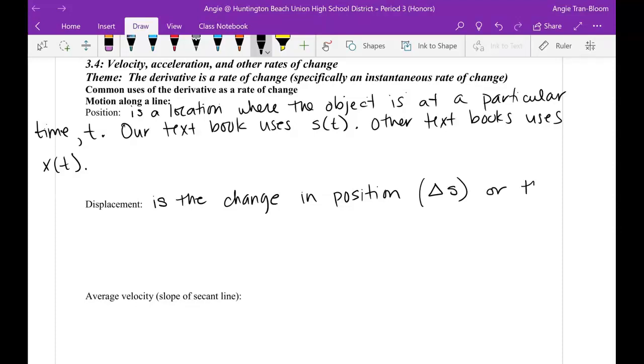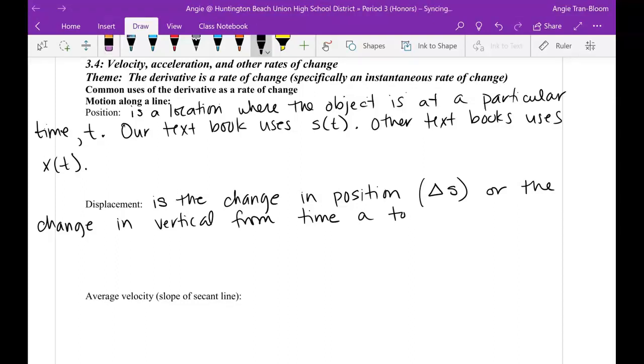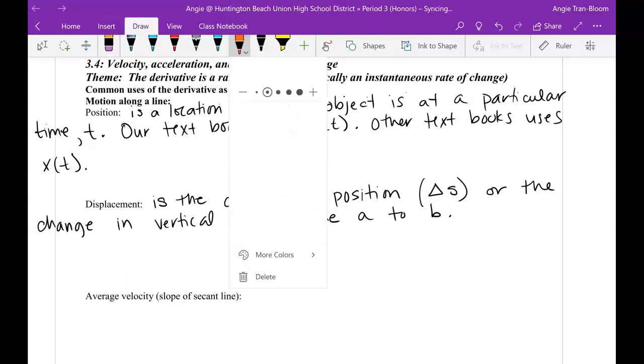Or another word is the change in position from time A to B. So what I mean is, let's talk about position.